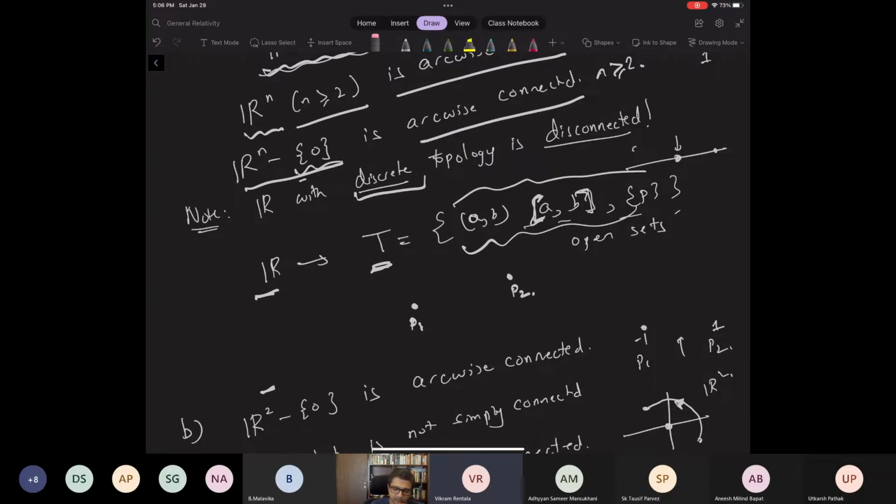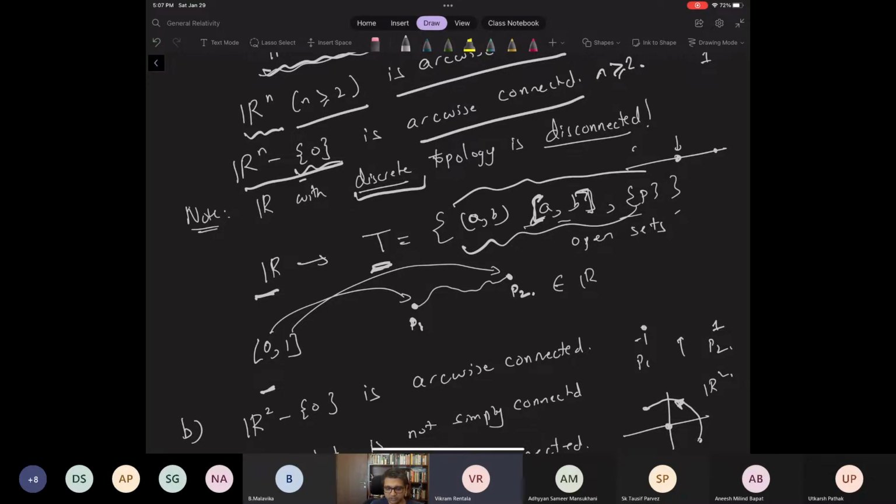Not the interval. Now, if I take the points P1 and P2, I want a mapping from [0, 1] to P1, P2, such that 0 maps to this point and 1 maps to this point, and the interval between 0, 1 maps to something in between, other points on R. These P1 and P2 belong to R. Now here's the interesting thing.